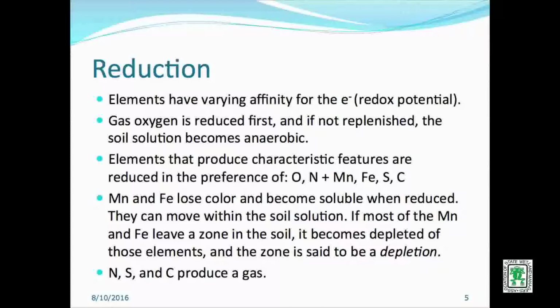There's a sequence of atoms that we discuss because they commonly produce morphology or characteristics that we can measure in the field. And those are oxygen, nitrogen, manganese, iron, sulfur, and carbon. Of those elements, the one that has the highest redox potential is oxygen.